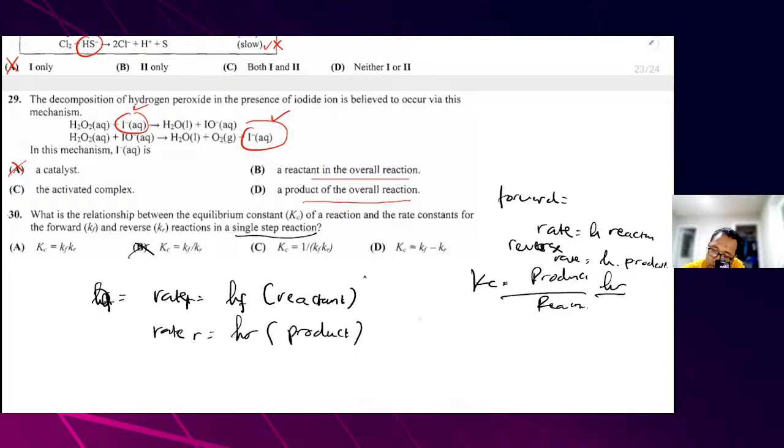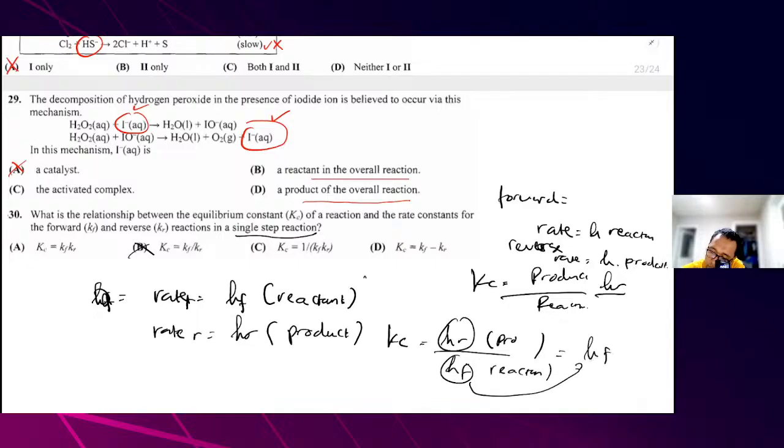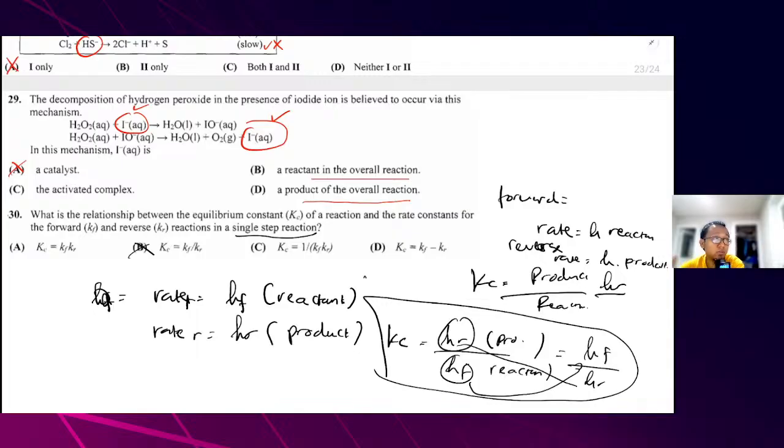Put in Kr product and Kf reactant. So it will be Kf, and then Kr. Product divided by reactant is Kf per Kr. So the answer will be P.